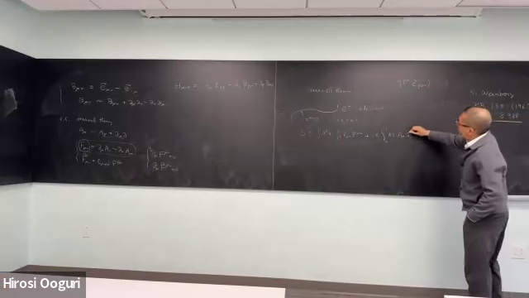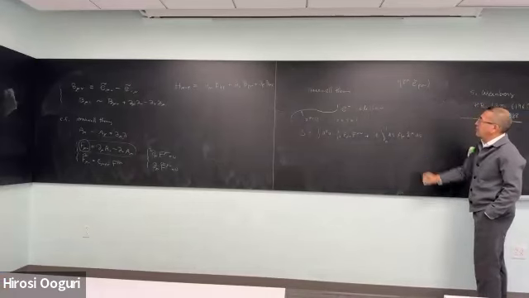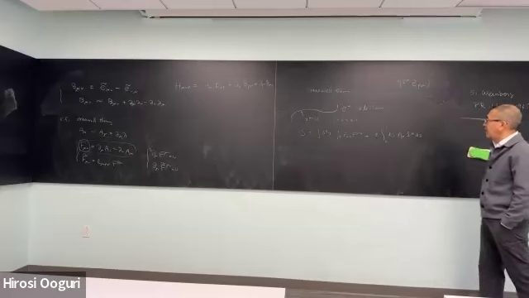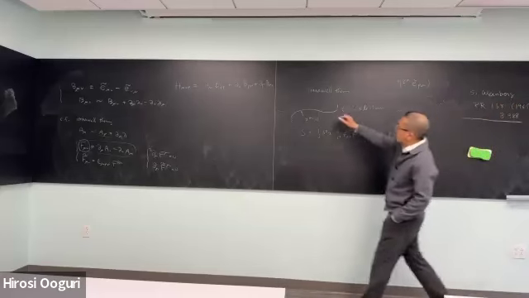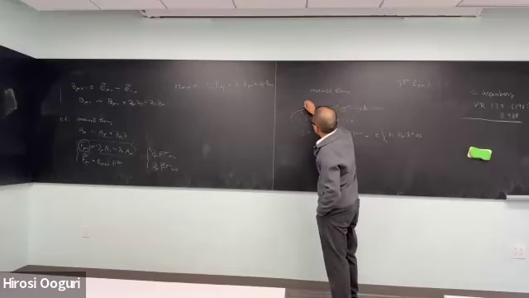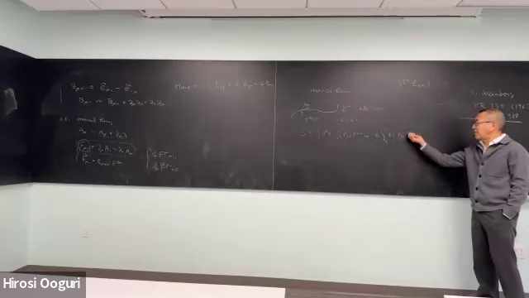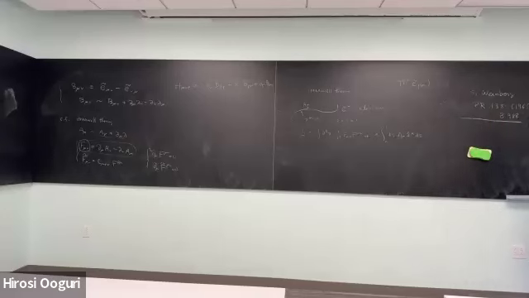Because the gauge potential A mu has one spacetime index mu, you can integrate this along the trajectory of the electron, and then you have this natural coupling.